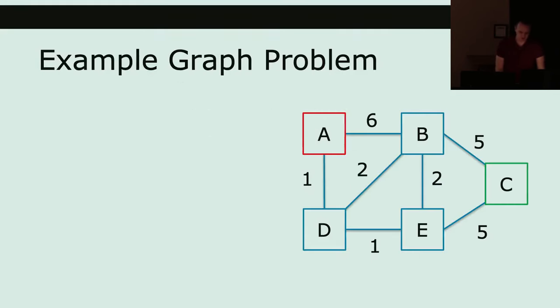Okay. So let's look at an example graph problem that's a bit more abstract, and I'm sure you've all seen problems like this before, and I'm sure you've all seen things like breadth first search and depth first search, but what I'm doing here is setting up a framework for the more complicated searches that we'll do in the future.